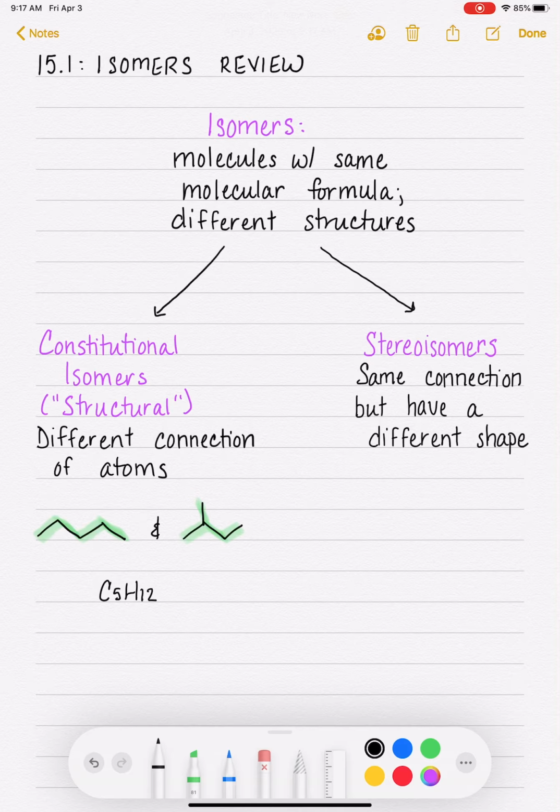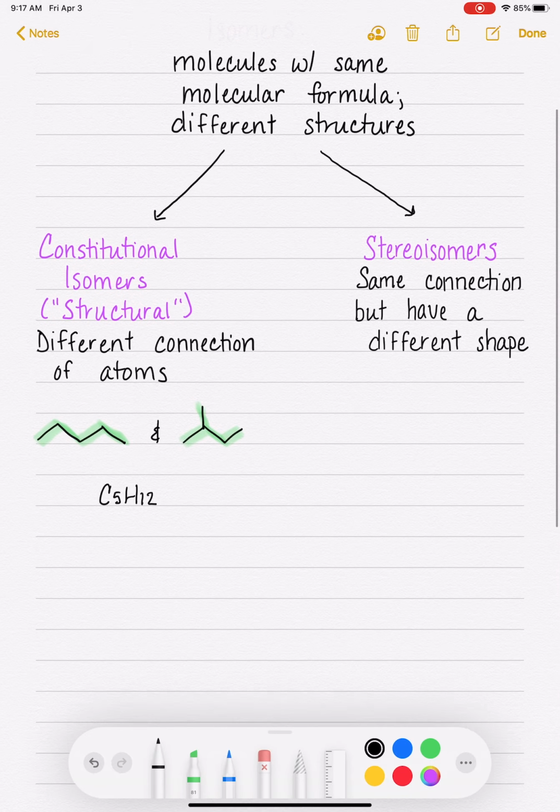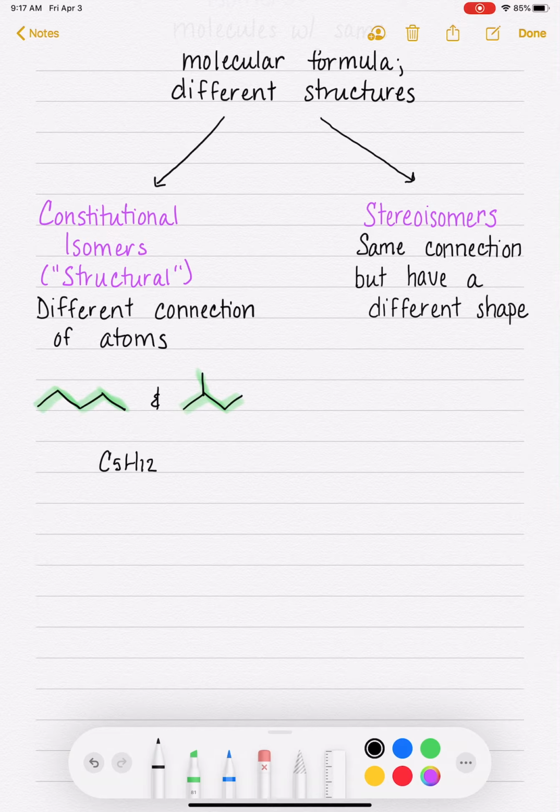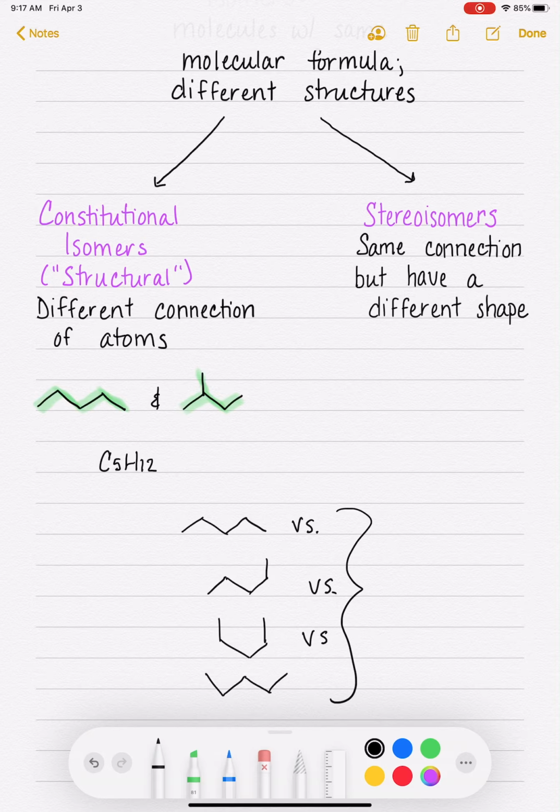Now, initially this might be a little bit confusing because if you think all the way back to week 1, when we were talking about the way in which we draw line structures, we talked about how it didn't really matter how we drew these line structures. They were all representing the same molecule.